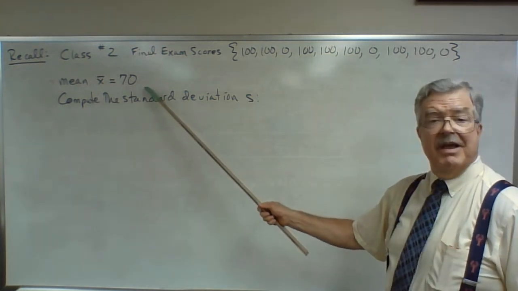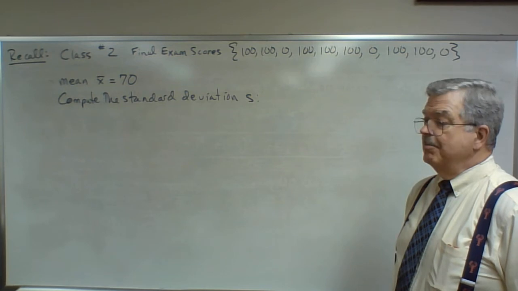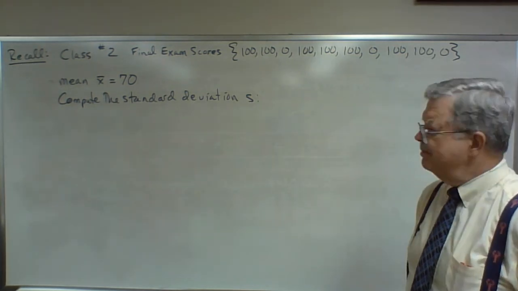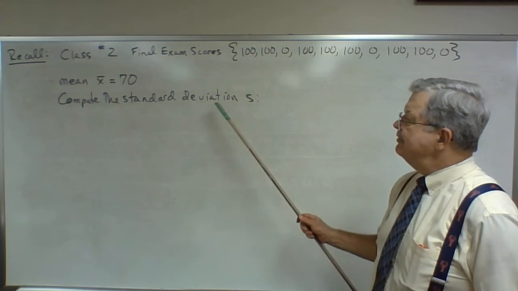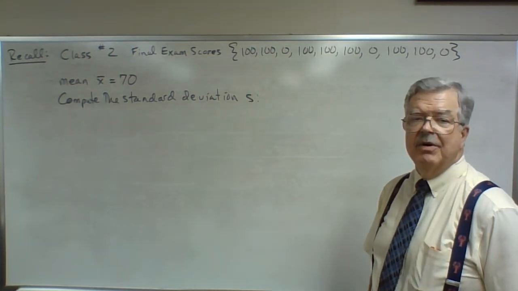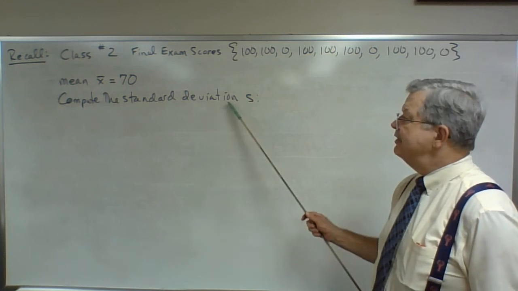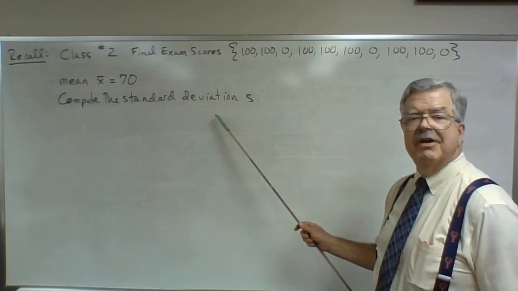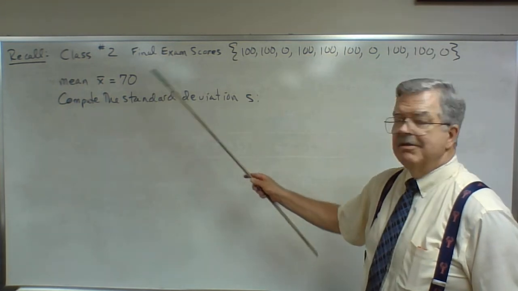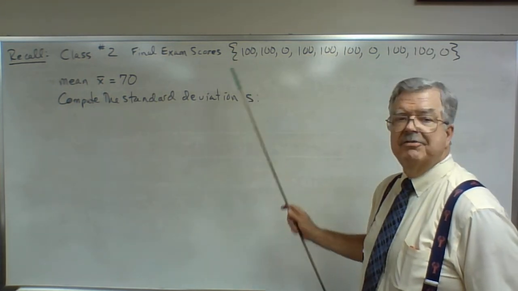The mean is 70. But none of those test scores is even remotely close to the mean. So let's compute the standard deviation of these test scores and see what the standard deviation tells us as far as how far from the mean these test scores are dispersed.